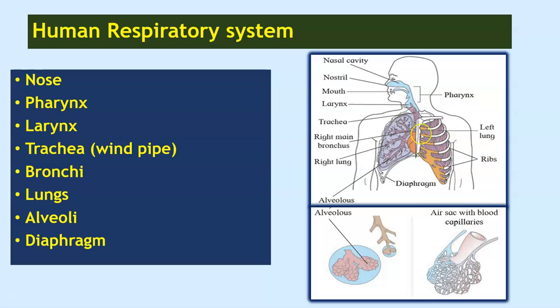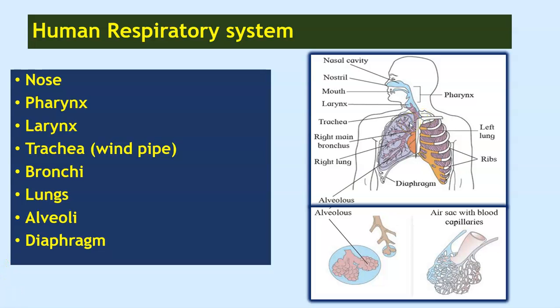So you will see here this trachea is made of ring-shaped cartilages. It is lined internally with ciliated epithelium and mucus glands that trap the unwanted particles, preventing their entry into the lungs. The next part that we are seeing is the bronchi.